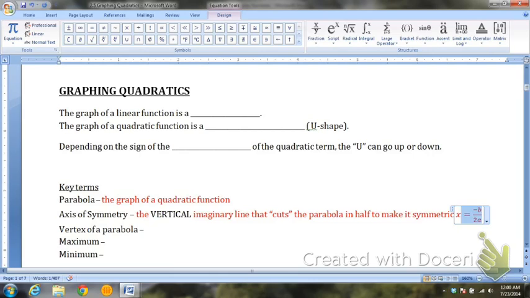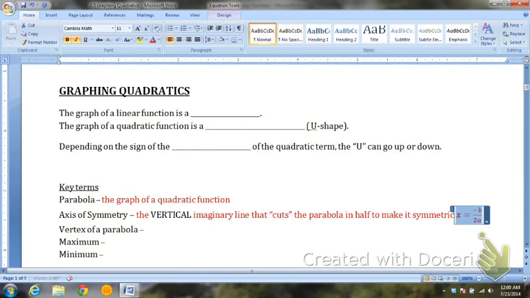This is really important for you to know. I would highlight this, star it, something. The formula to find the axis of symmetry is given by x equals the opposite of b over 2a.